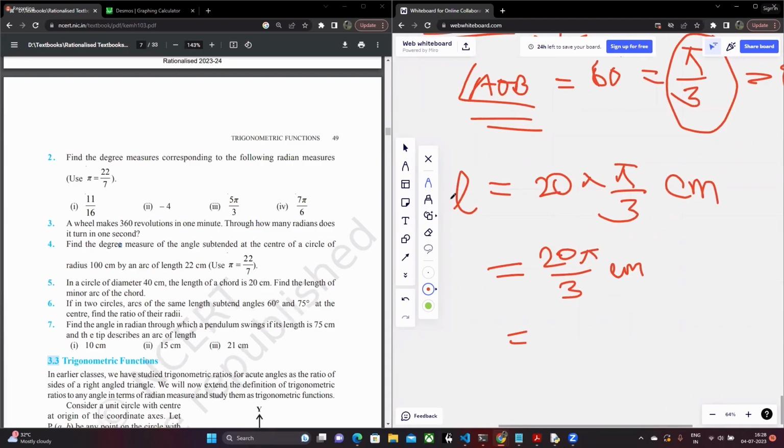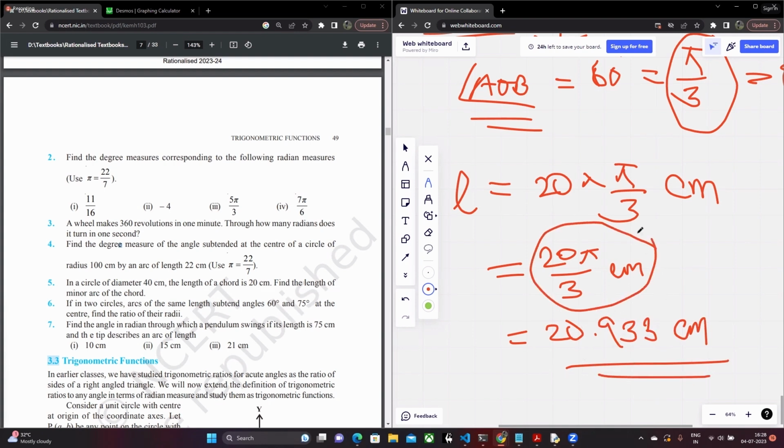But since this is a length, you usually convert this into decimals and then write it down, which means that this is going to be 20 into 3.14 divided by 3, that is going to be 20.933 centimeters, if you want to get it to 3 decimal places.